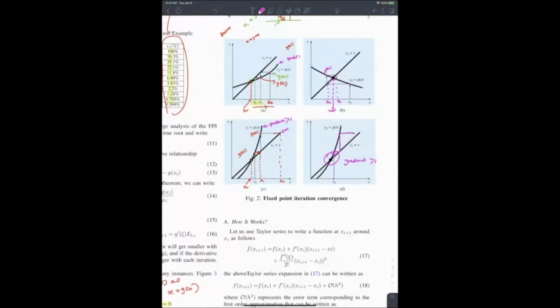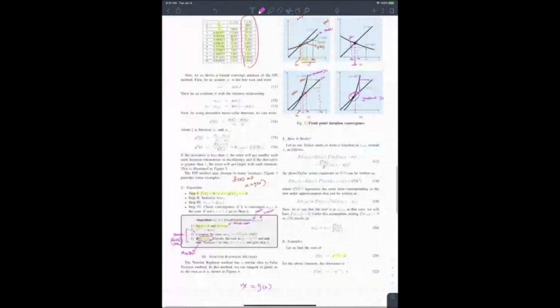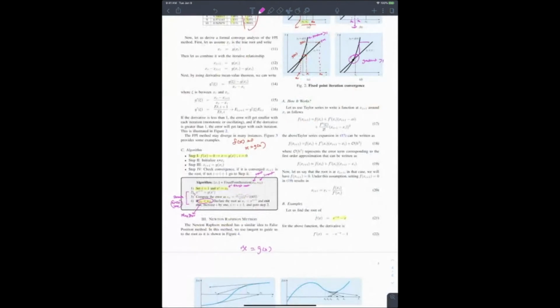Sometimes you will diverge. So you don't want a program that doesn't stop. So it's always a good idea that if you don't find anything within some number of iterations, you have to stop. That's always a good practice in programming. In your lab that will be specifically given.